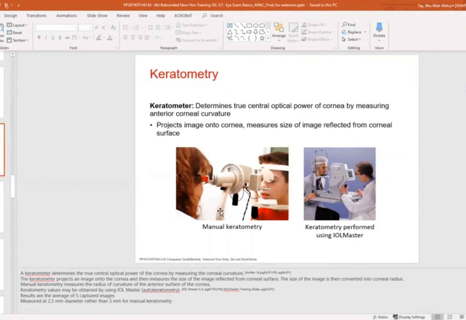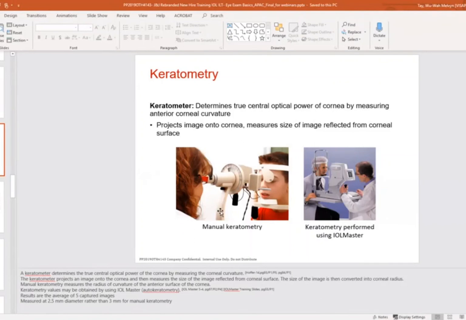It's actually a different type of instrument. They are a category called Scheimpflug imaging, so they may not fall into this category here. So the Pentacam and Galilei instruments, or even some OCT instruments, provide posterior corneal astigmatism measurements.